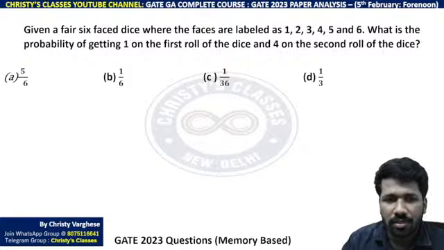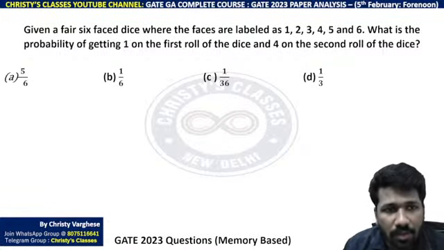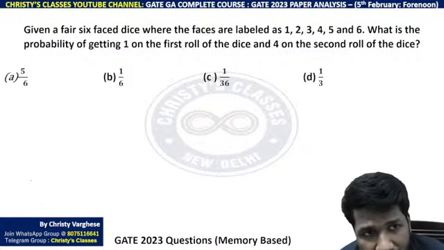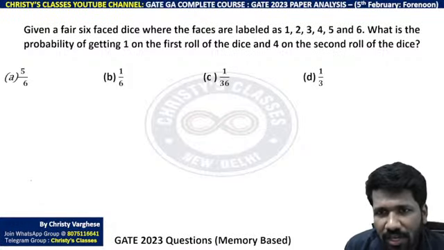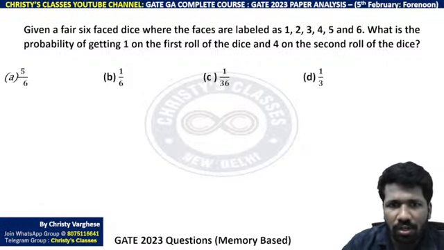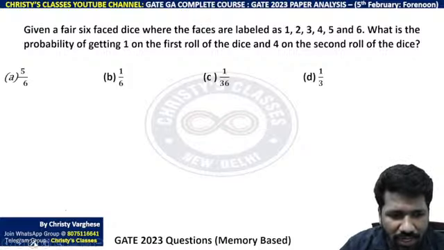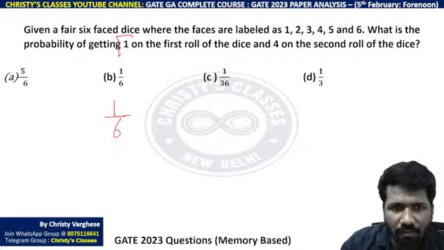One of the easiest questions of probability. Given a fair six-faced dice, that is a normal dice, where the faces are labeled as 1, 2, 3, 4, 5, 6. What is the probability of getting 1 on the first roll of the dice? 1 ये 6 numbers में से एक number है ना. So required number by total number is probability. So 1 out of 6 is the probability of getting a 1 on the first roll.